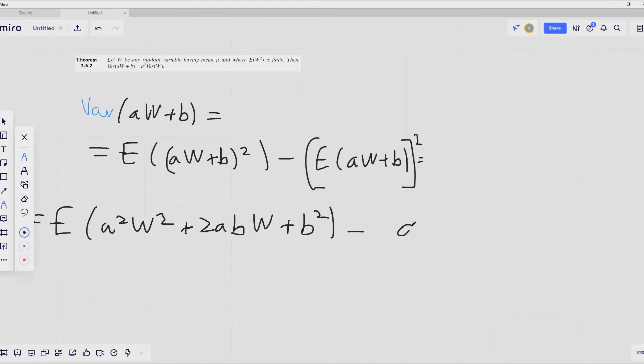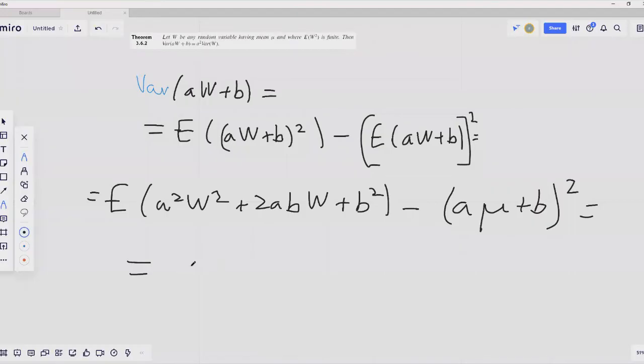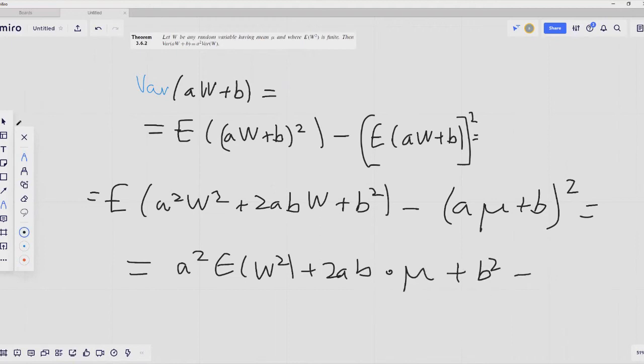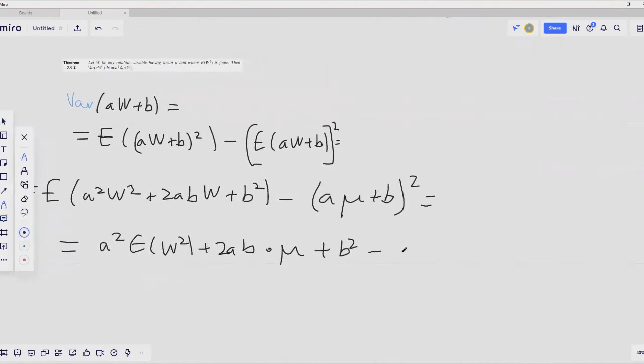We'll have, replacing the expected value of omega with mu for convenience, (A mu plus B) squared, which is equal to A squared times the expected value of omega squared, plus 2AB times the expected value of omega, which is going to be replaced by mu, plus B squared, minus A squared mu squared, minus 2AB mu, minus B squared.